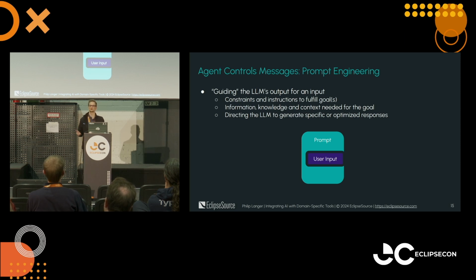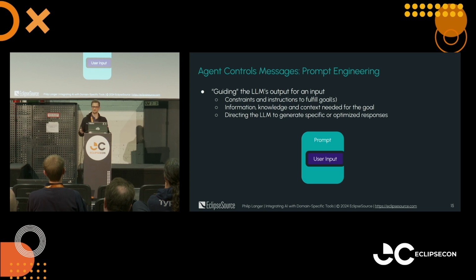And that's essentially prompt engineering in a nutshell. So you add constraints and instructions to fulfill certain common goals. You may add additional context information that is needed for that goal. And you maybe direct the LLM to produce the response in a format that you can then best process in your tool again.